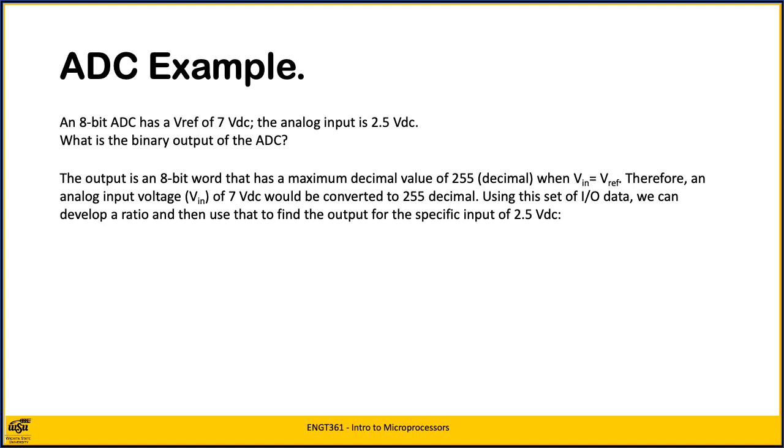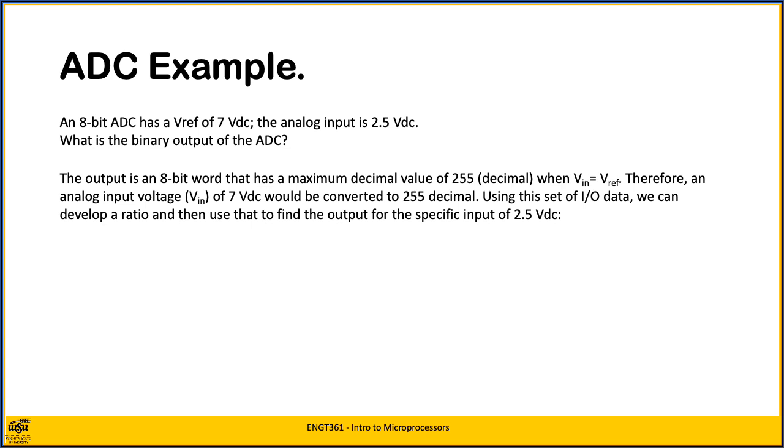The output is an 8-bit word that has a maximum decimal value of 255, when the input voltage Vin is the same as the reference voltage Vref. Therefore, an analog input voltage Vin of 7 volts DC would be converted to 255 decimal.